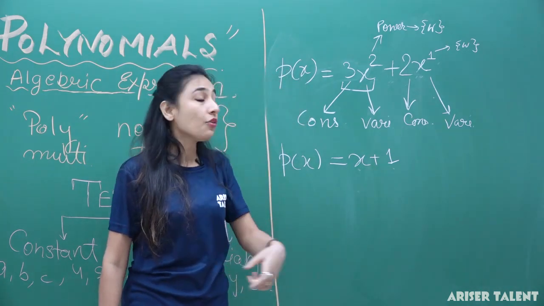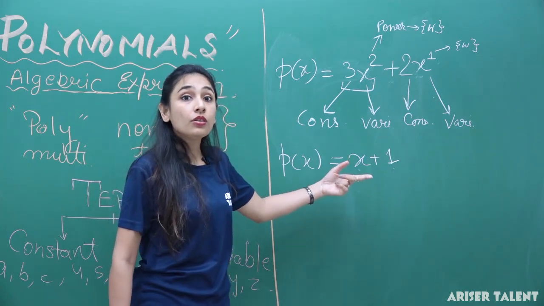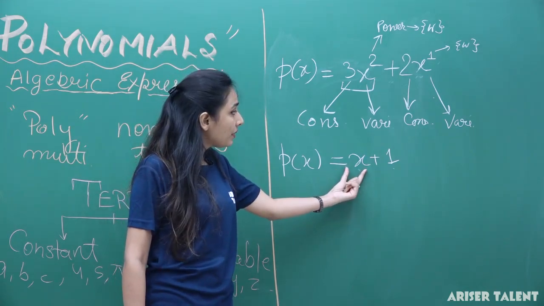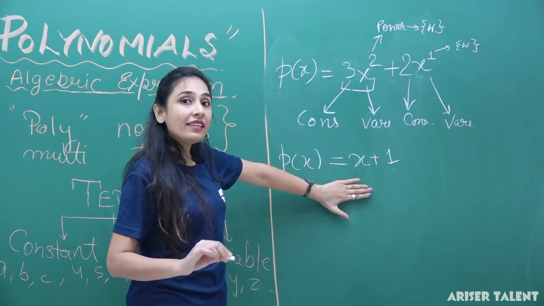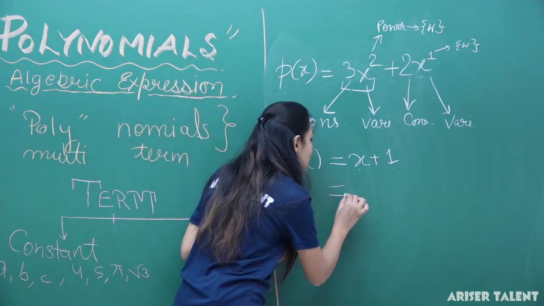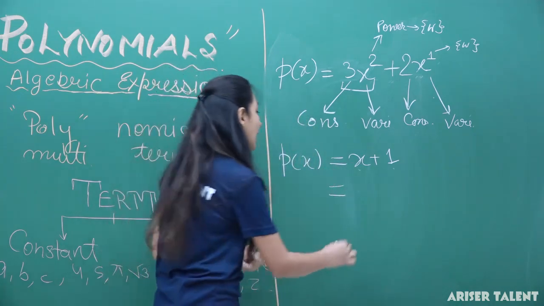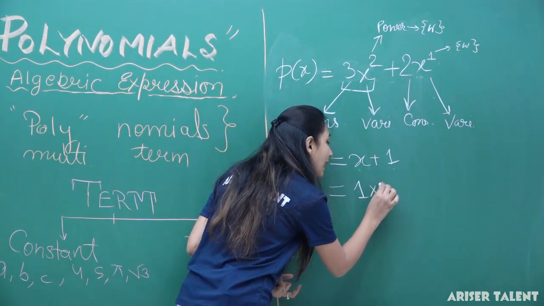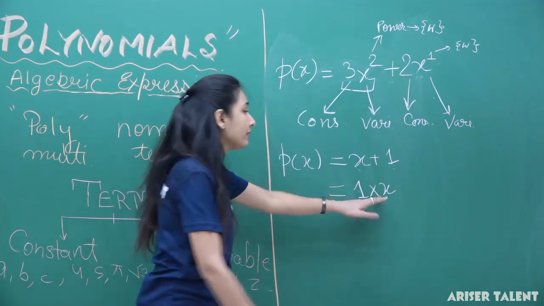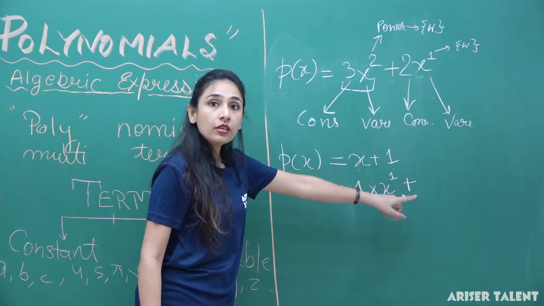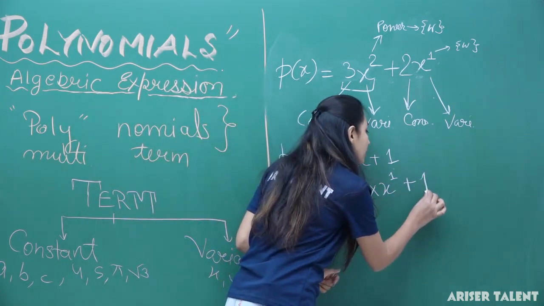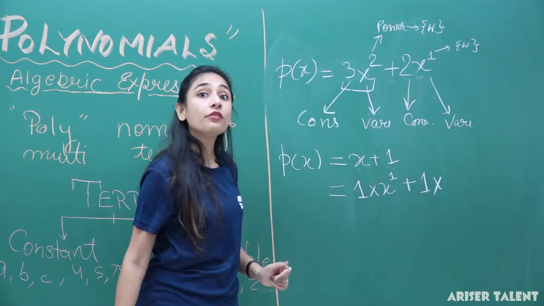Why are these terms? This is something confusing. Basically, we can rewrite x as 1 multiplied by x. Now x is to the power 1, and 1 is a constant, multiplied by a variable.